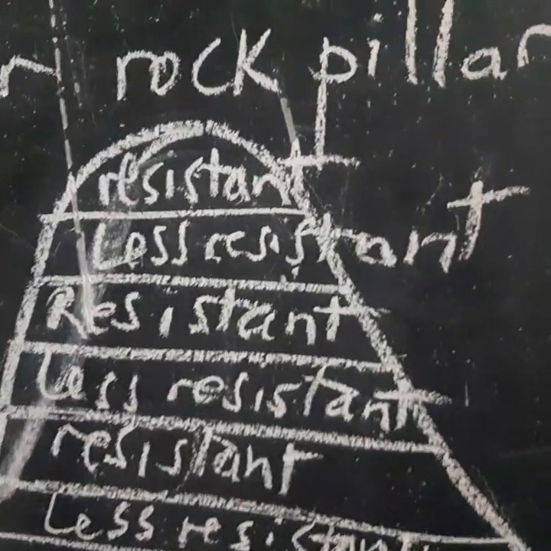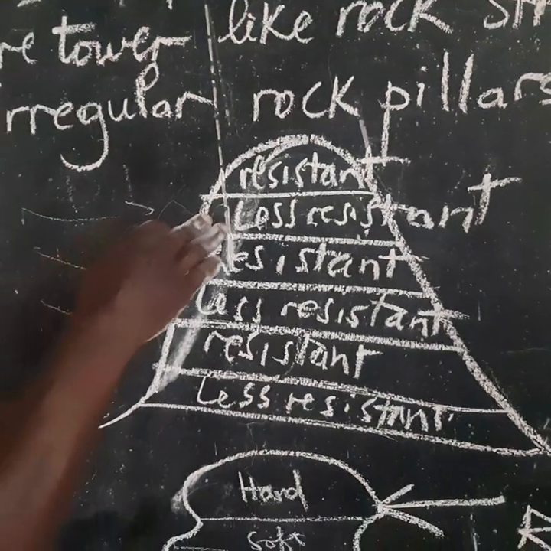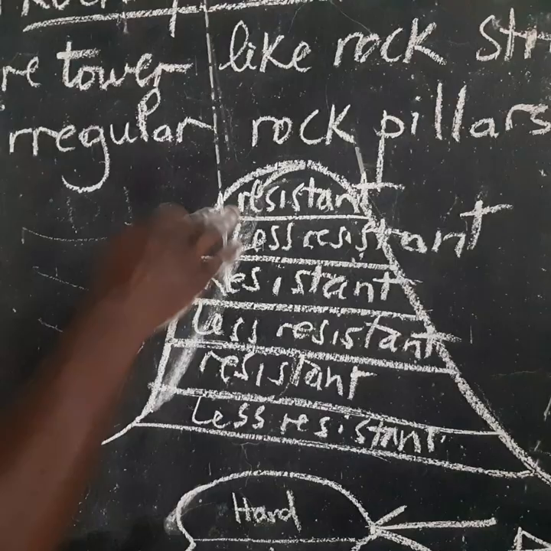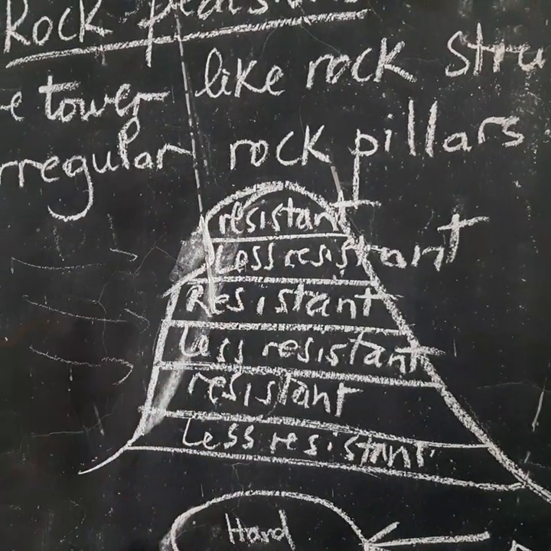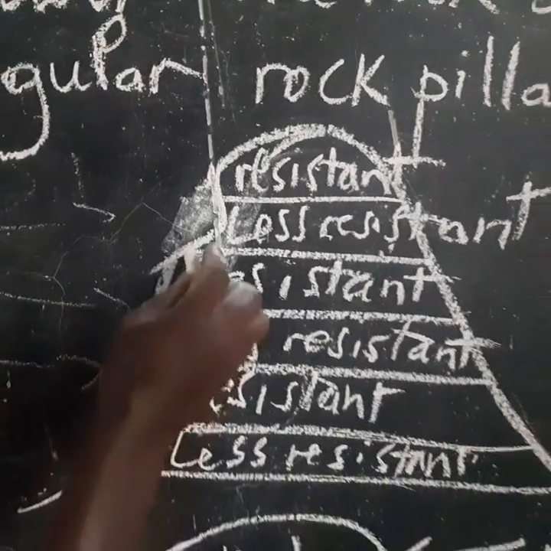When the wind acts upon this rock, the less resistant rock will be weathered. After being weathered, it will be blown away, and therefore we have what seems as if it is a hole here.